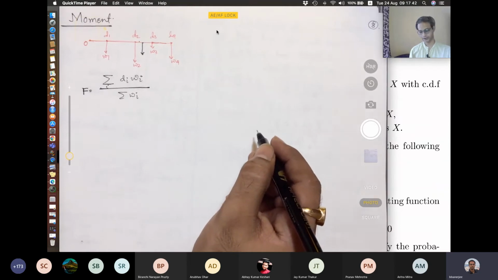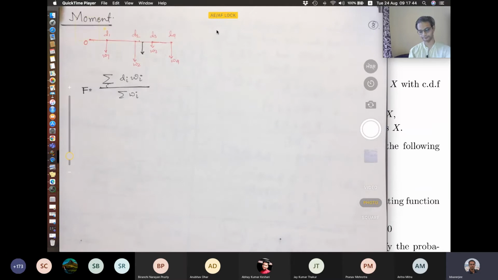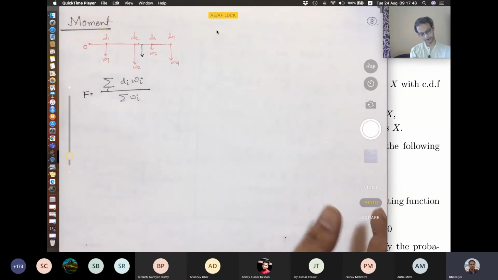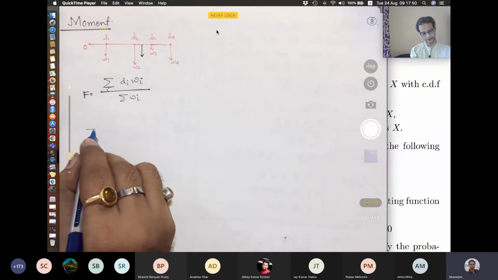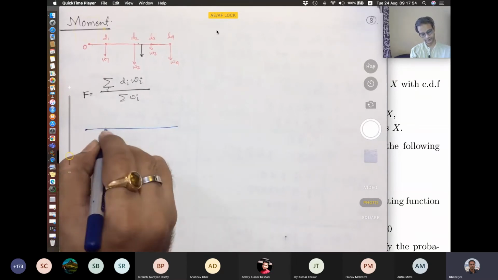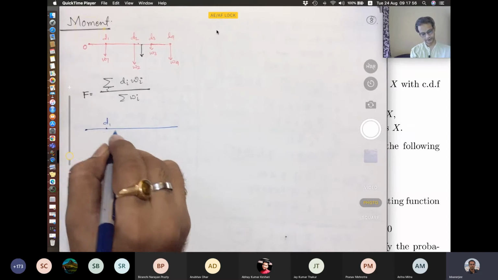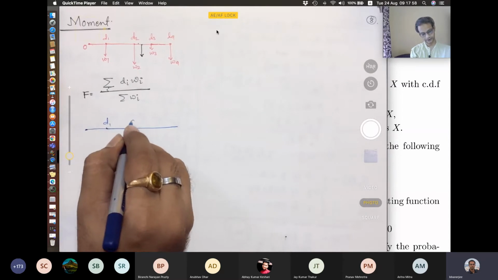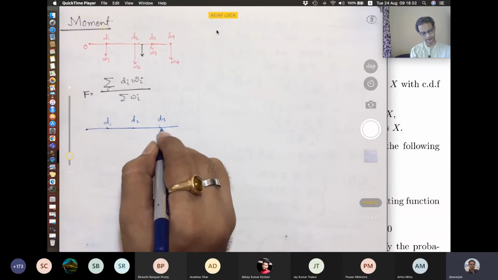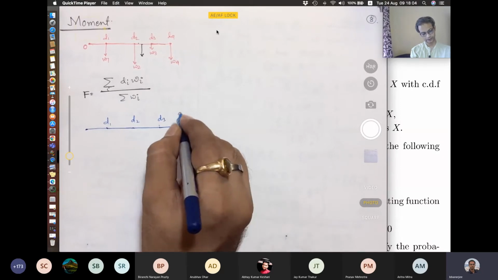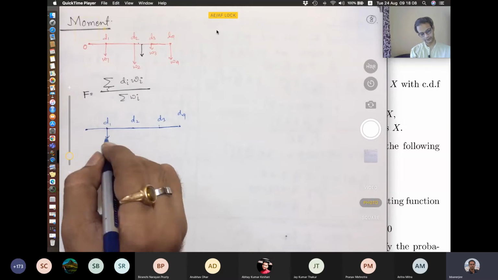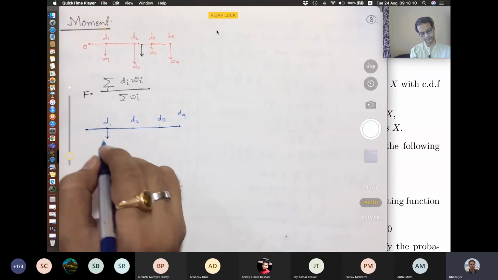Now if I change the story in this way, you have the same thing: here it is 0, here it is D1, here it is D2, here it is D3, here it is D4, and X is a random variable.